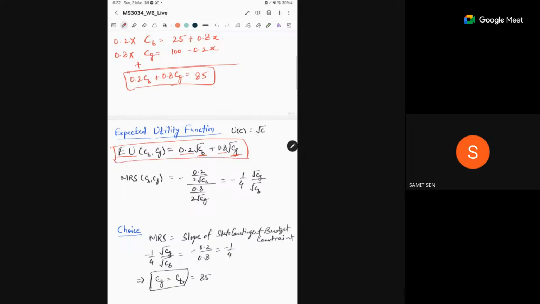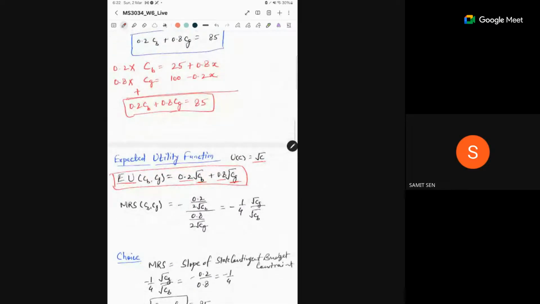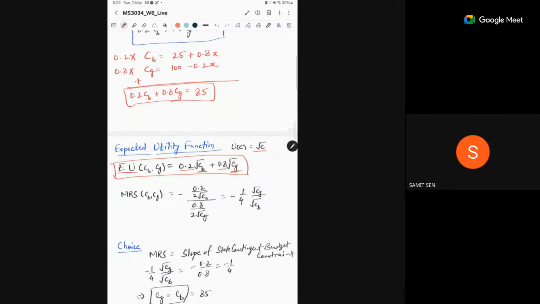If my utility function is given by this form, I can derive the marginal rate of substitution. The slope of this budget constraint turns out to be minus 1 by 4 if I take CB on the horizontal axis and CG on the vertical axis.